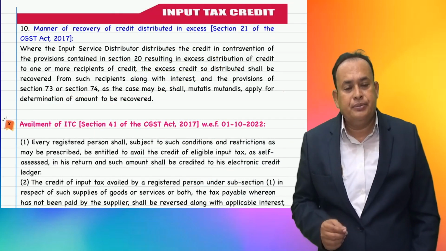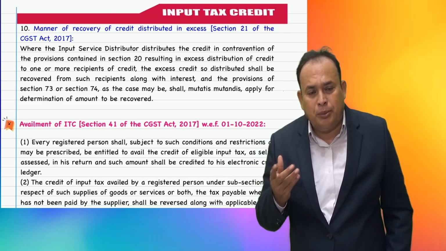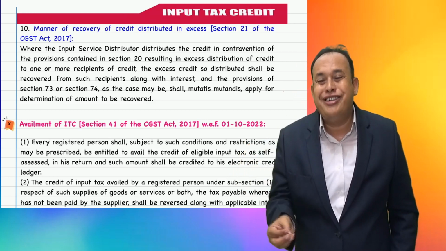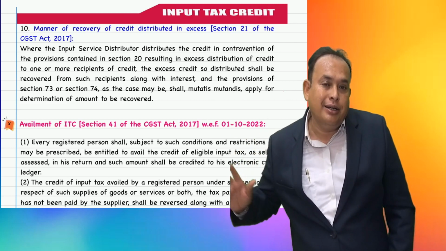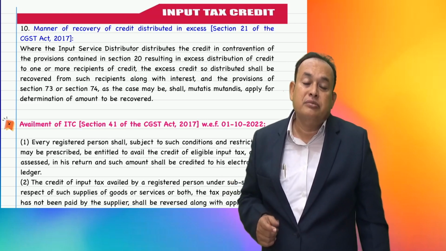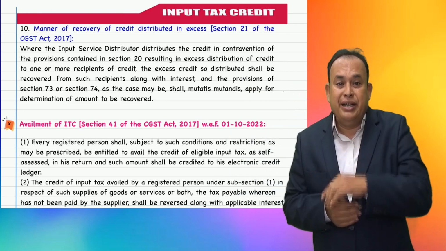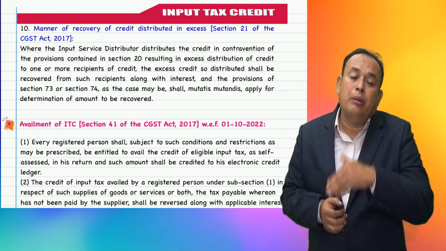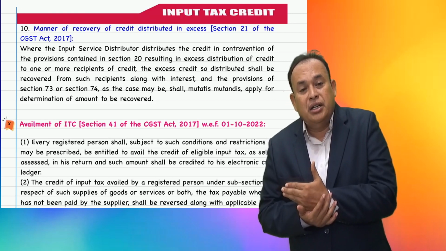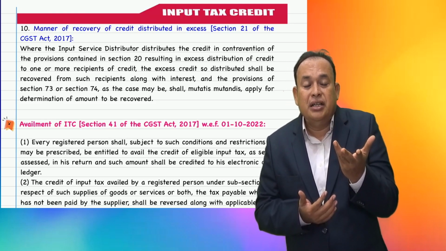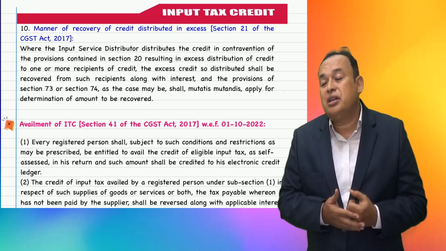In the case where the input service distributor distributed more credit than the amount to be distributed, for example 20,250 is to be distributed but instead I distributed 2,25,000, much more than what is supposed to be distributed, the recipient of that particular credit should reverse it or pay the amount to the department. If the distributed credit is not paid to the department, then the department will recover it by issuing a show cause notice under Section 73 or 74.